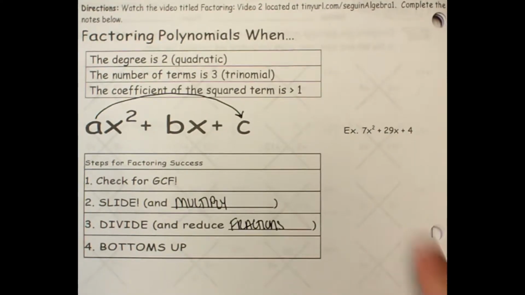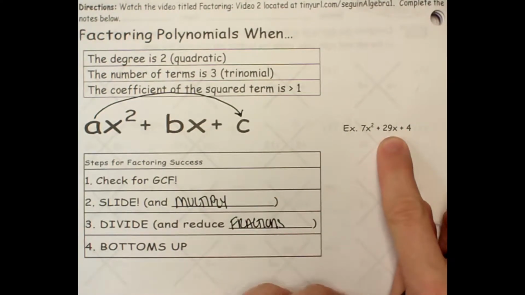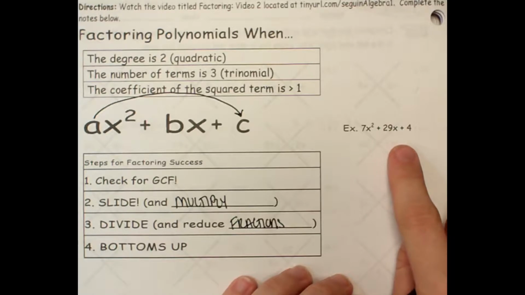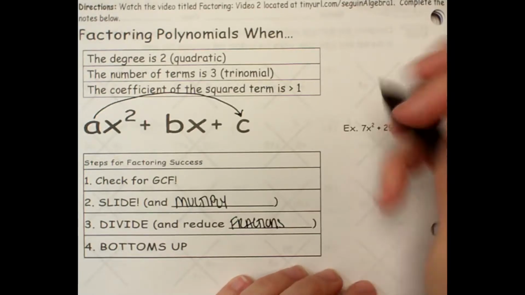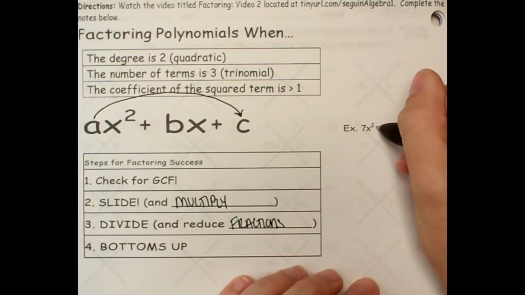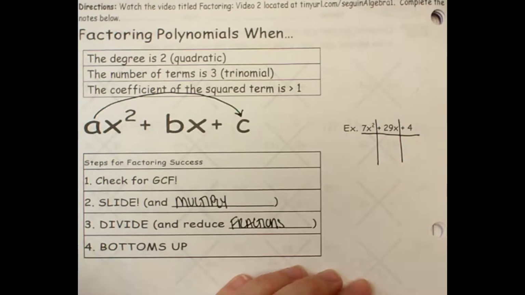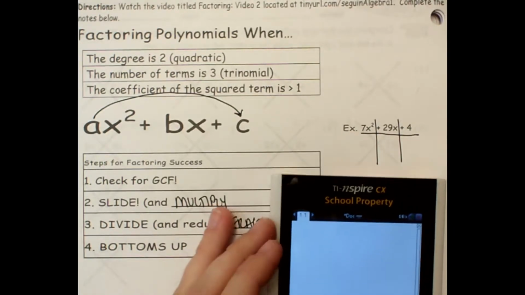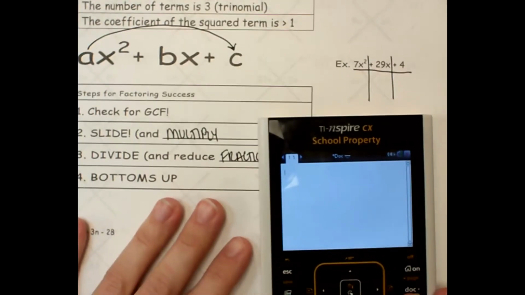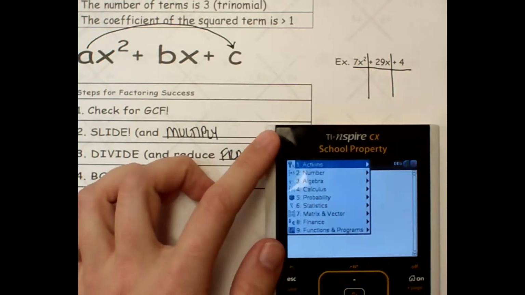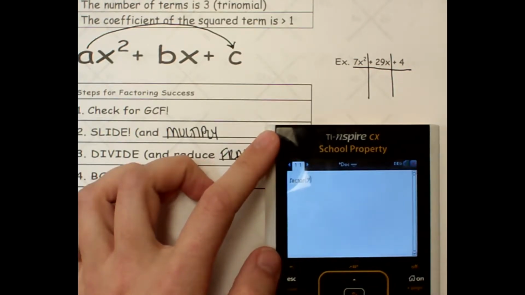Let's look at our first example: 7x squared plus 29x plus 4. So your first step is you want to check for the GCF. So you take it apart. When we do our factors, let's scoot it up a little bit. So for 7, what are my factors?